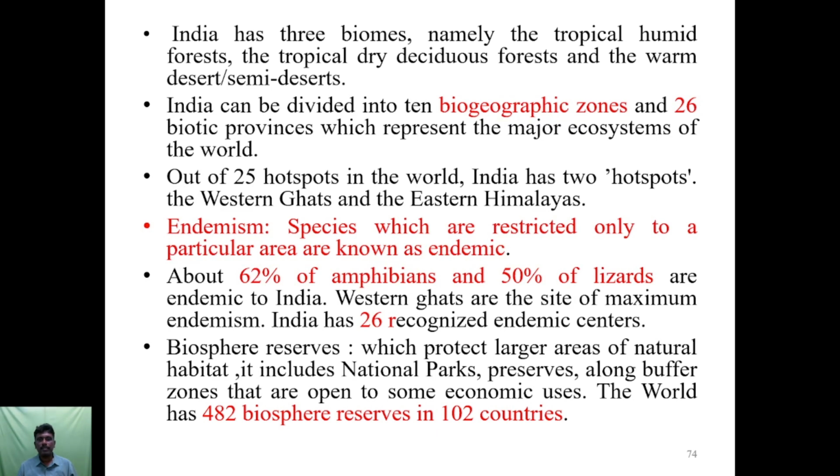India has three biomes, namely the tropical humid forest, the tropical dry deciduous forest, and the warm desert or semi-deserts. It can be divided into 10 biogeographical zones and 26 biotic provinces which represent the major ecosystems of the world. Out of 25 hotspots in the world, India has two, that is Western Ghats and Eastern Himalayas.